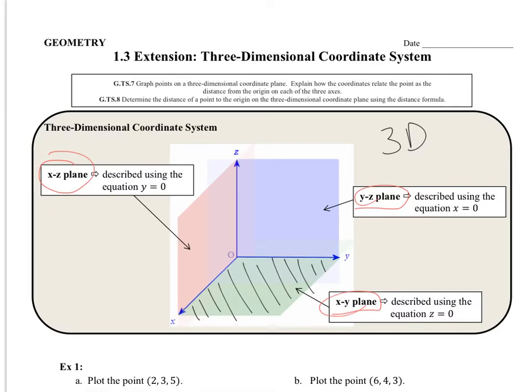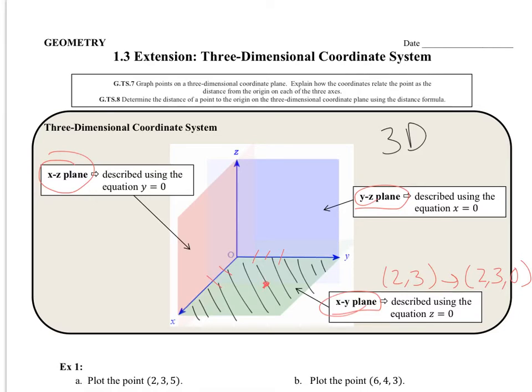So plotting the point (2, 3) in 2 dimensions is the same as plotting (2, 3, 0) in 3 dimensions. We would go 2 towards the x and 3 towards the y, and we would plot that in the same manner.